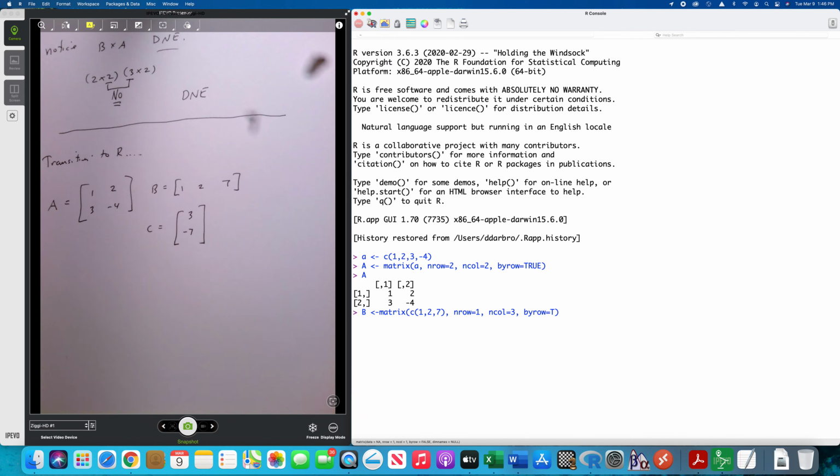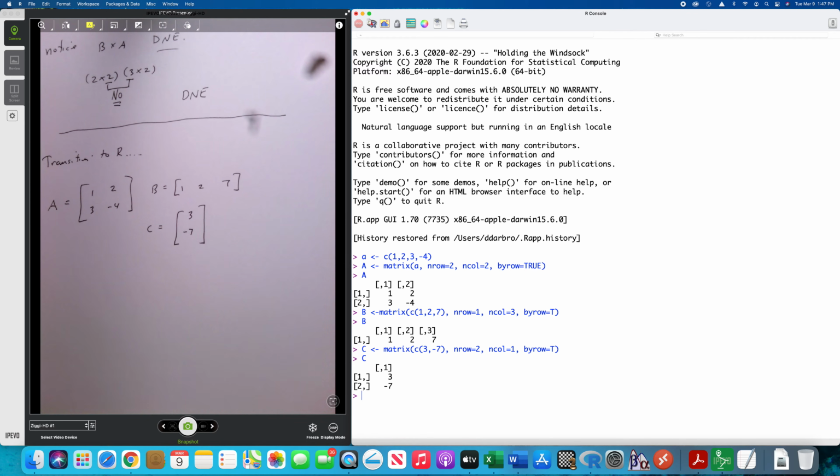Actually, all I have to do is just put the capital T, and life is good. So I get 1, 2, 7. It should be pretty clear now how to create the C matrix. So I have 2 rows, 1 column, and byrow equals TRUE. So I see C, and I get this.